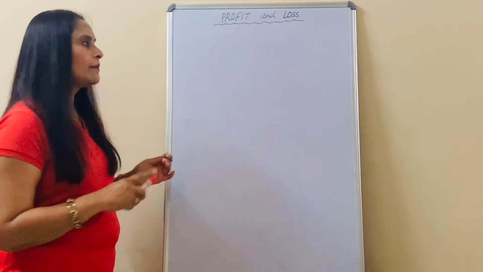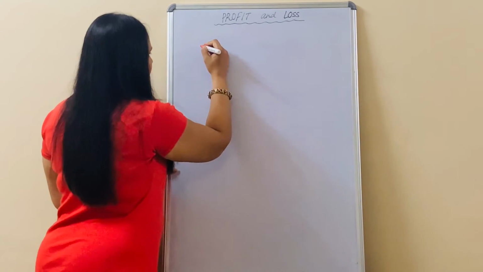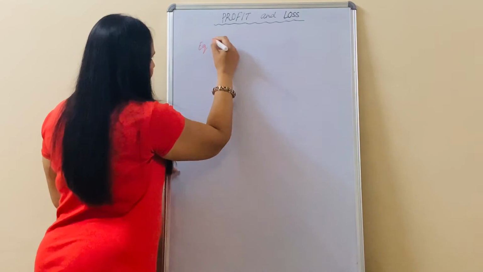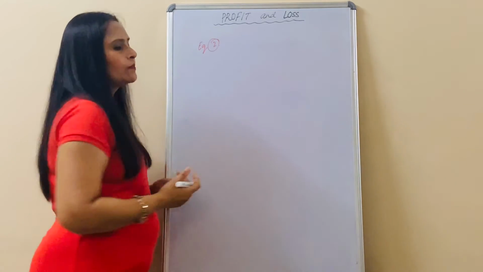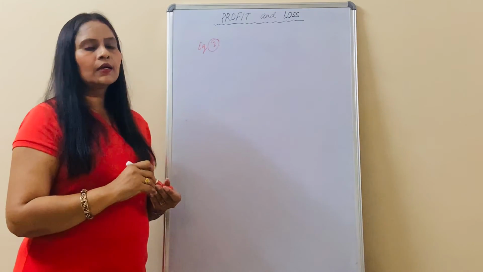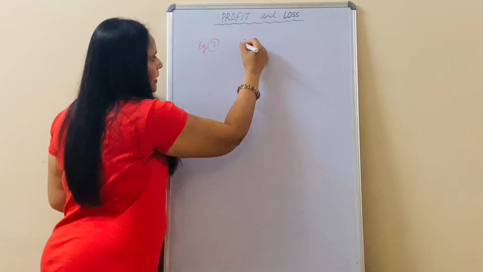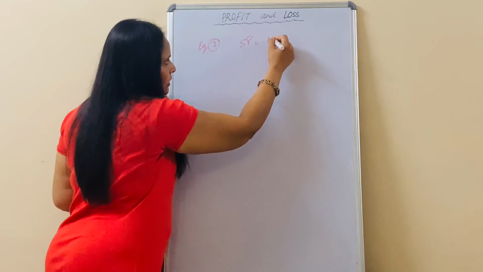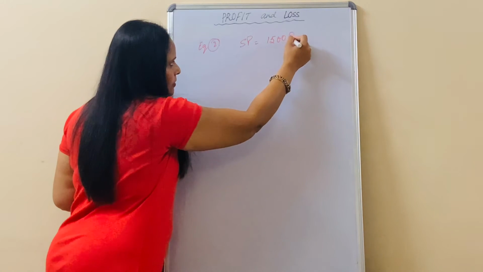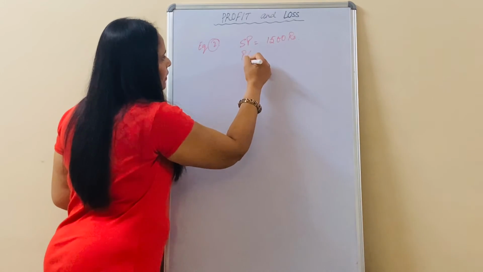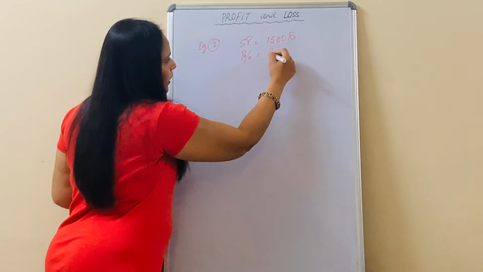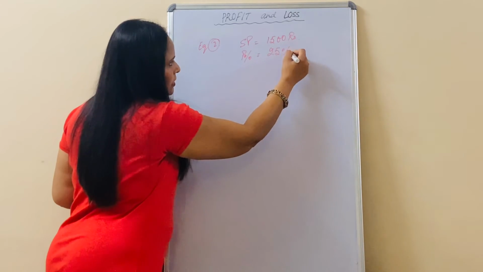Now the other example I am taking for profit and loss is example 2. Suppose Raju sells a calculator at the cost of 1500, so the selling price will be 1500 rupees, and he makes a profit percentage of 25% in this transaction.